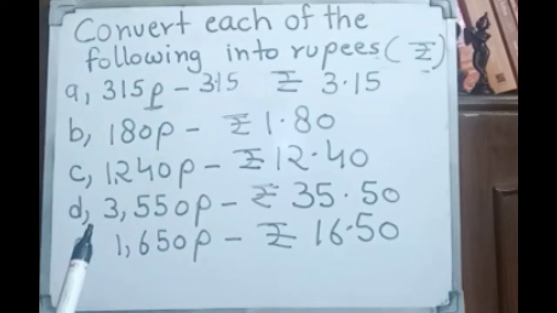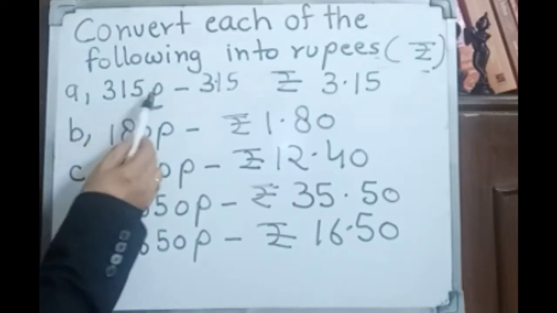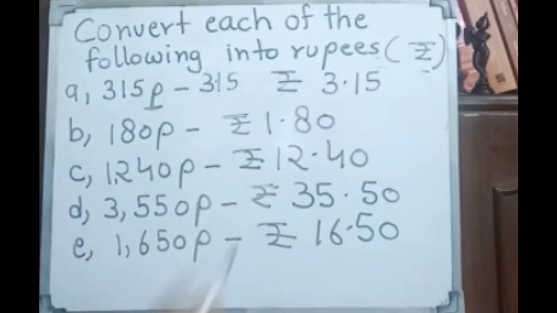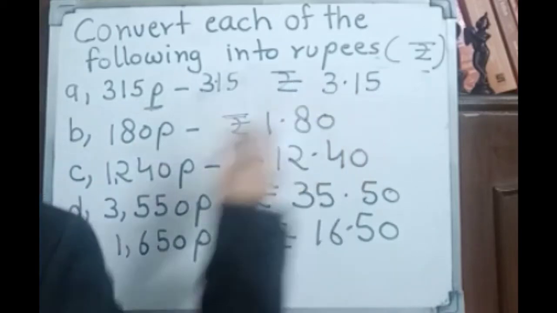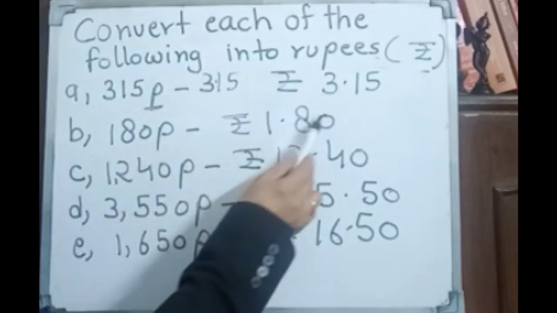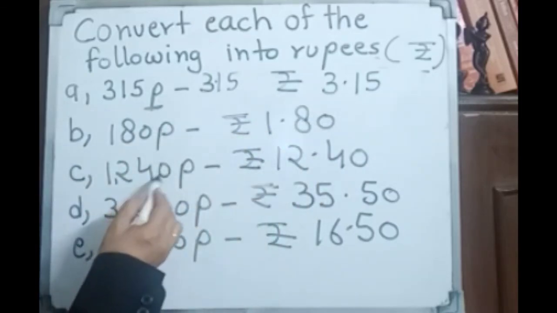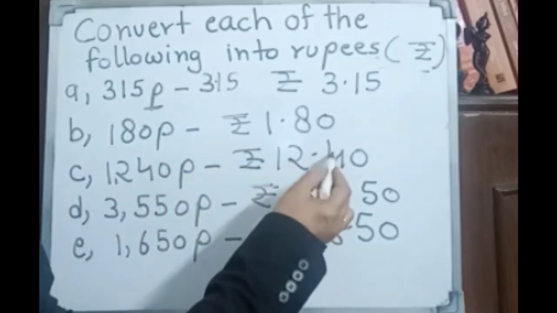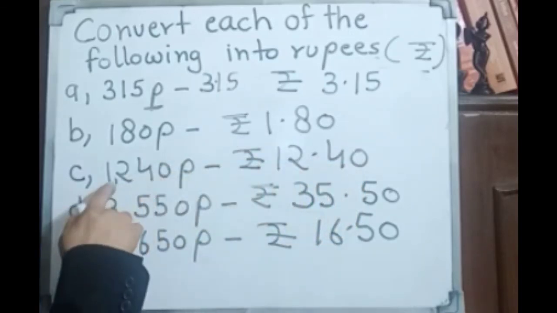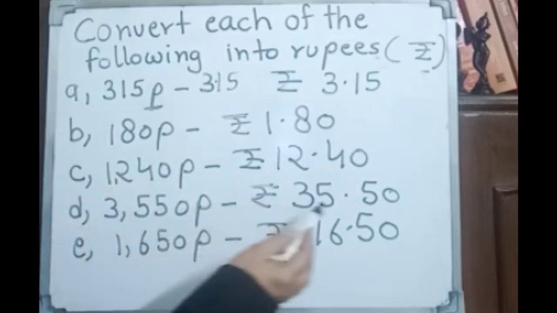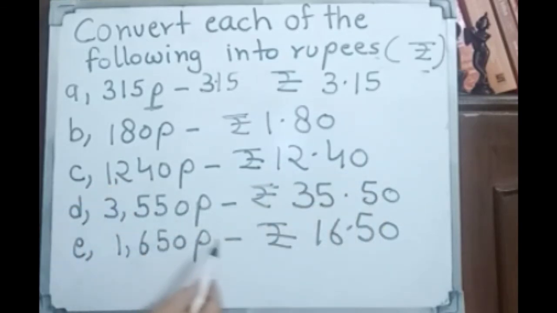Again I am repeating: that is 315 paisa. We have rupees 3 and 15 paisa. How to read this? Rupees 3 and 15 paisa. Rupees 1 and 80 paisa. Rupees 12 after 2 digits, put the dot. Now this is paisa, this is rupees, so no need to put the comma here. Now rupees 35 and 50 paisa. Rupees 60 and 50 paise.